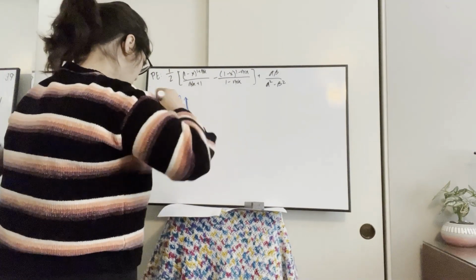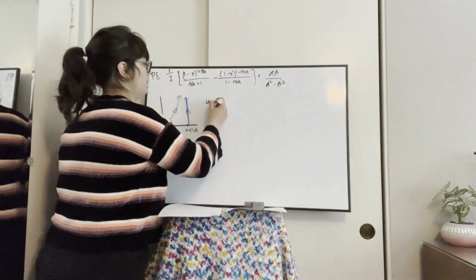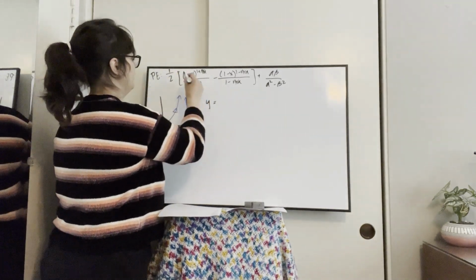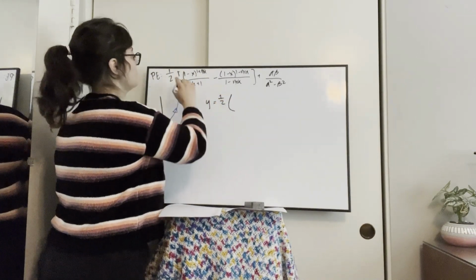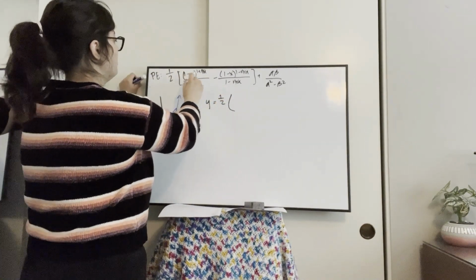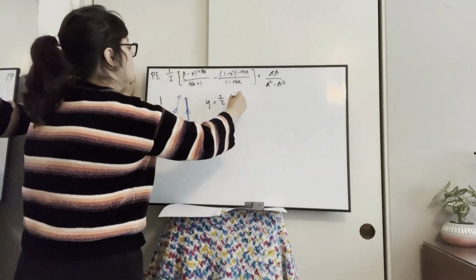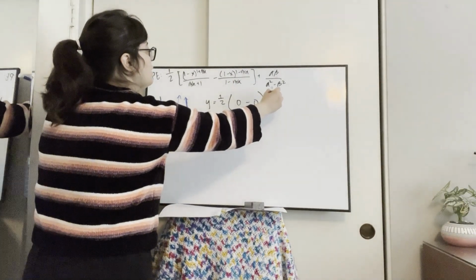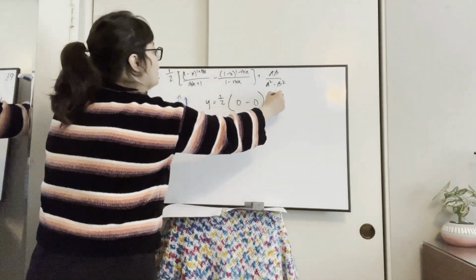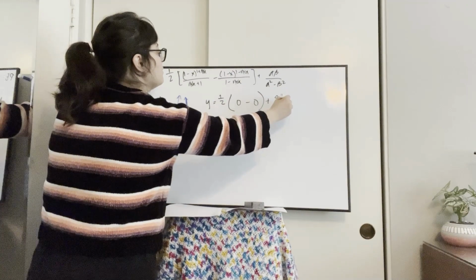So we're going to have y equals this problem here. We're going to plug in 1 for all of the x's we see. So we have 1/2, and this is going to be pretty easy. This is going to be 1 minus 1, so it's going to be 0, and this is going to be the same thing, minus 0 plus alpha beta over alpha squared minus beta squared.